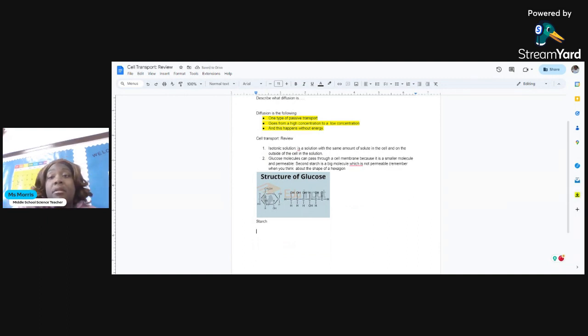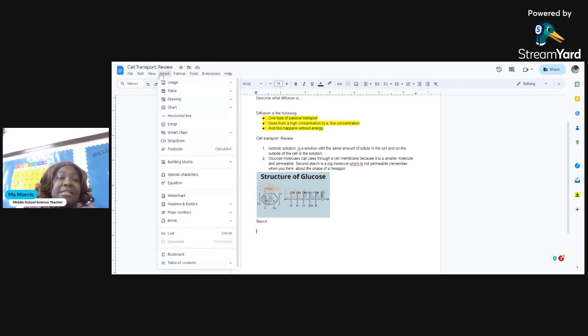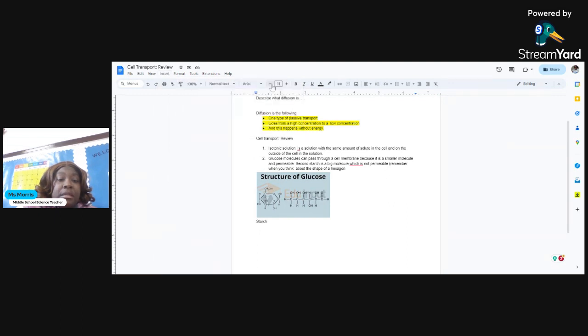All right, and I will insert it here so you guys can actually see what it looks like from a chemical standpoint.